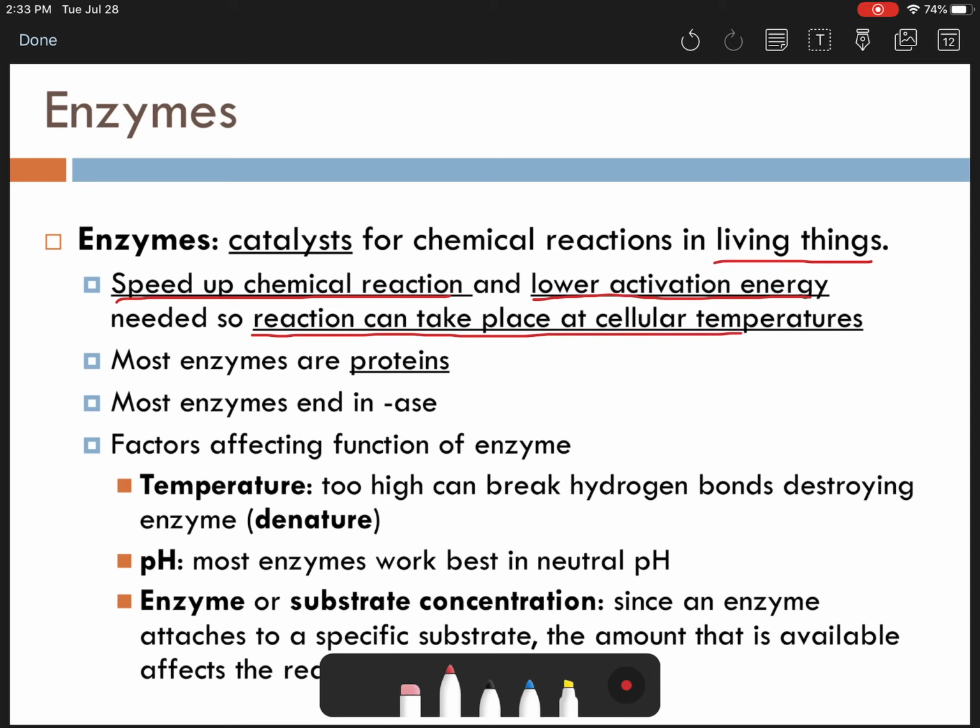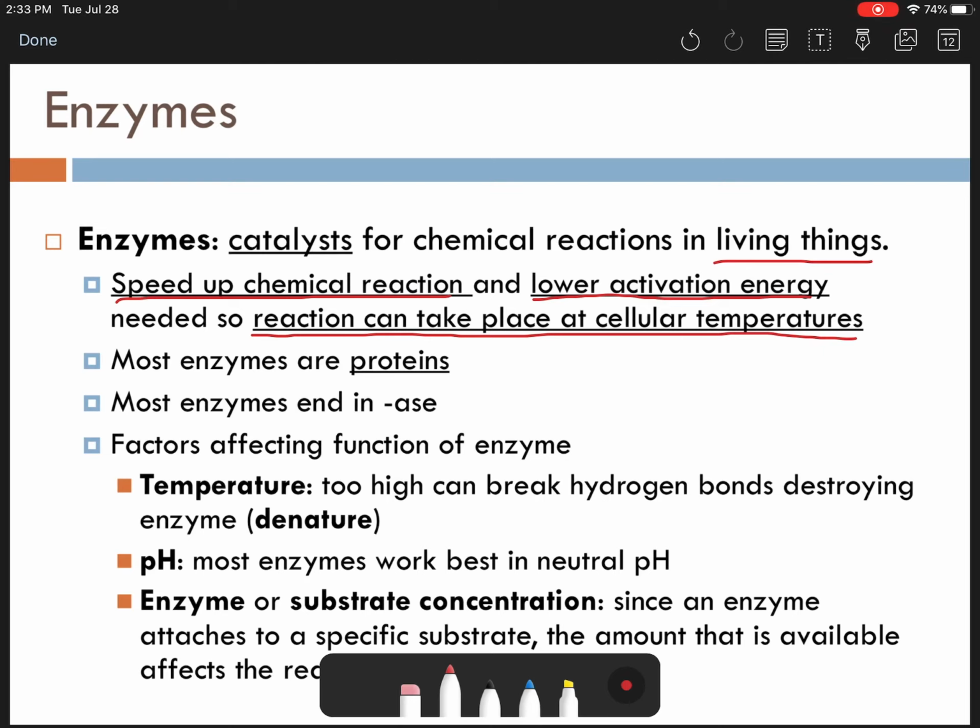And why that is important is so that the reaction can take place at cellular temperatures. When you think about it, in the lab room a lot of times we'll start the Bunsen burner or have a hot plate going to heat up something to get that reaction going. That's what we kind of use as our activation energy.